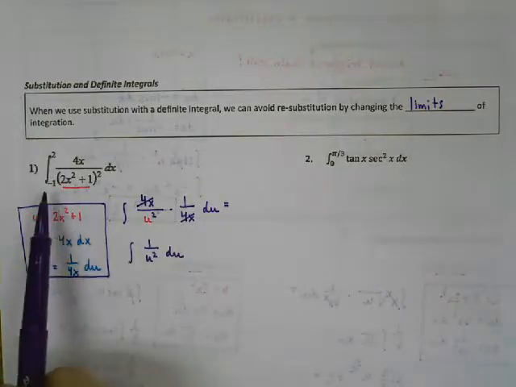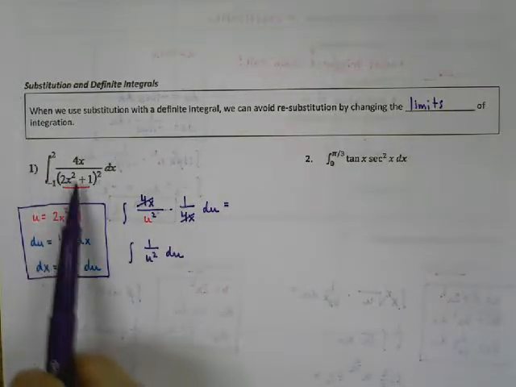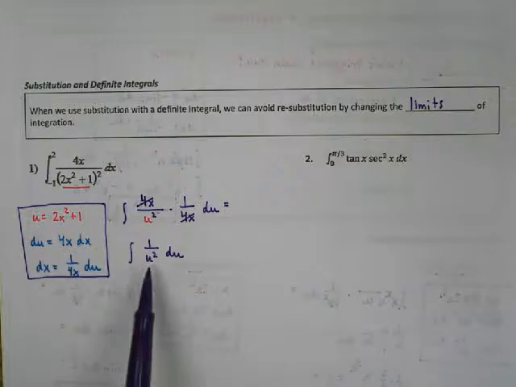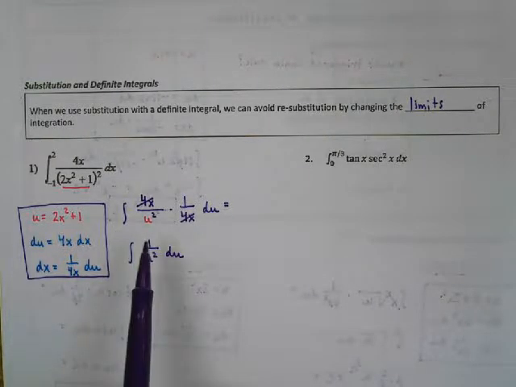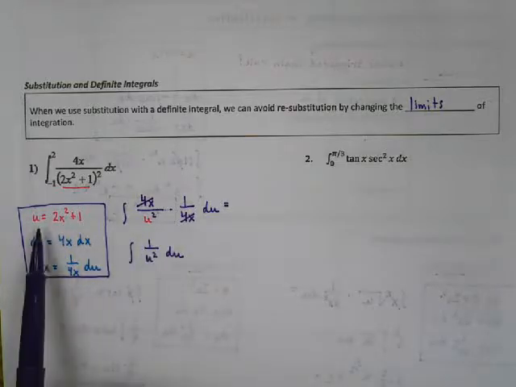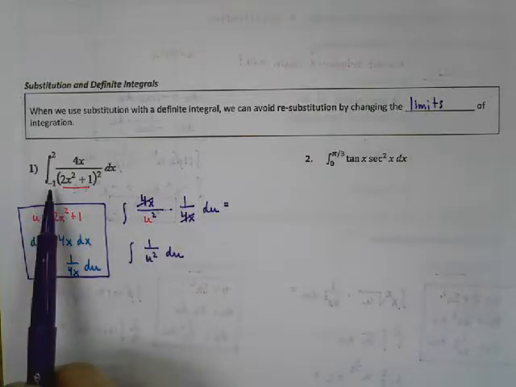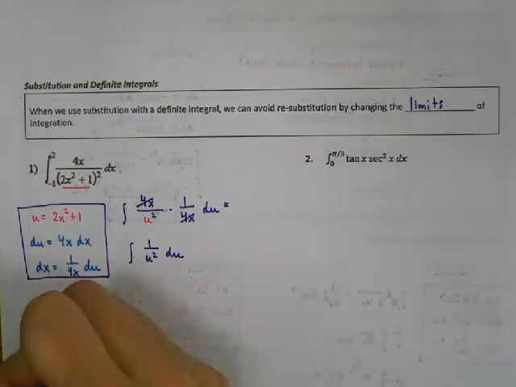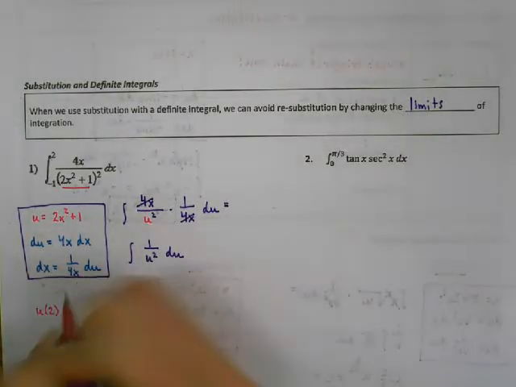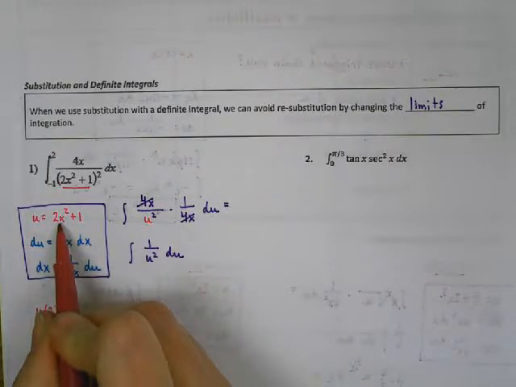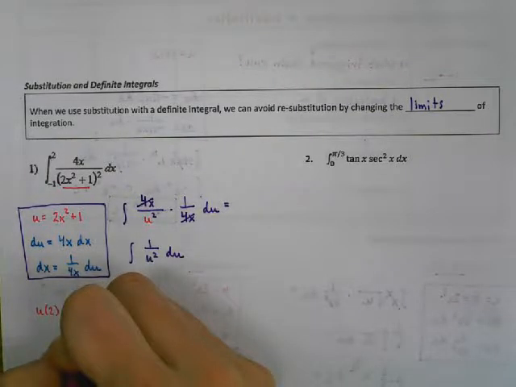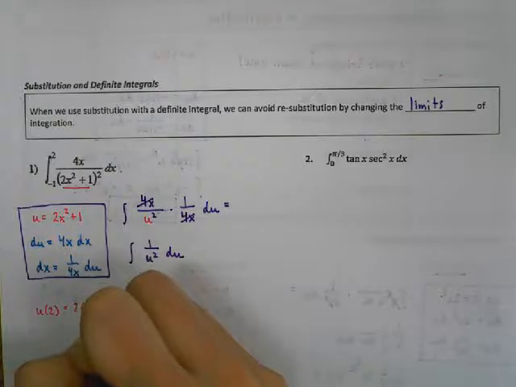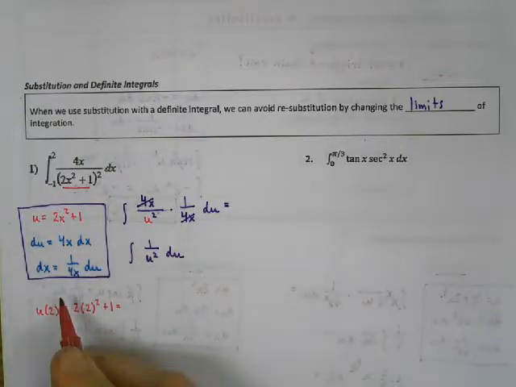Now, these limits apply to the function in terms of x. So if I'm going to integrate with respect to u, I need to change those limits. So here's what I do. I take my function u, and I evaluate it at these two values. So I'm going to find u of 2. I'm just going to take 2 and substitute it into u. So I'm going to have 2 times 2 squared plus 1.